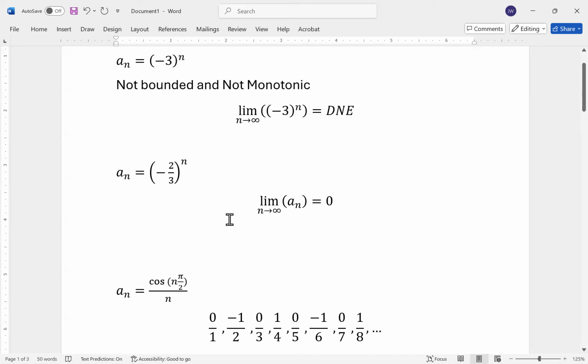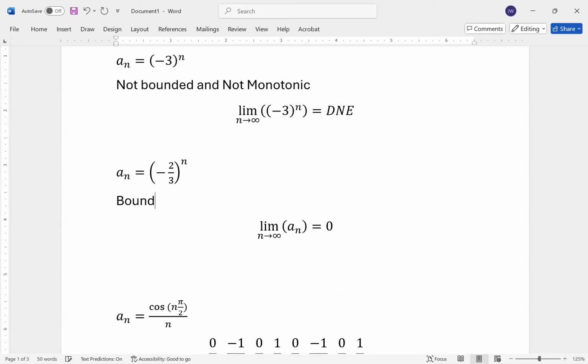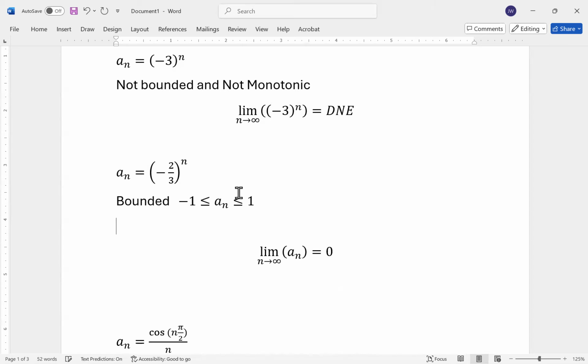This one was actually bounded. Well, one way you could bound it is between -1 and 1. Not the only way you could bound it, but it's going to be bounded, but it was not monotonic.